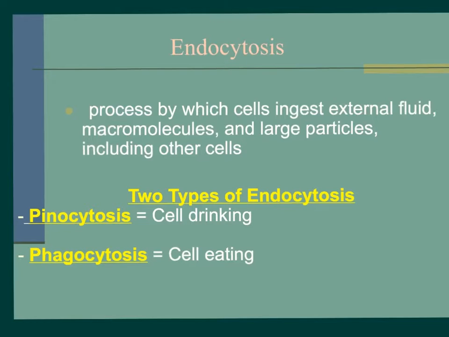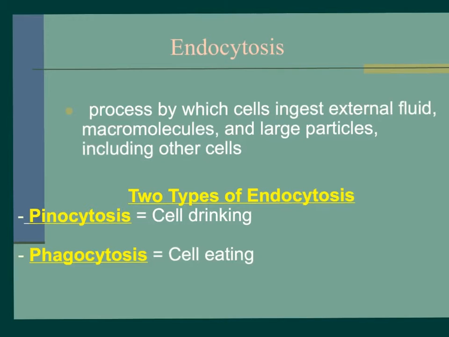Endocytosis is the process by which a cell will take material into the cell. It can take and ingest external fluid or macromolecules into the cell. So this material can be in liquid form or solid form. Therefore, there are two types of endocytosis.